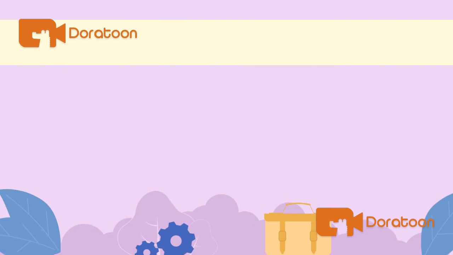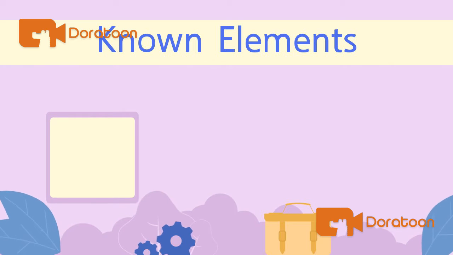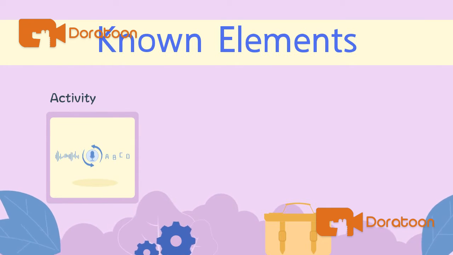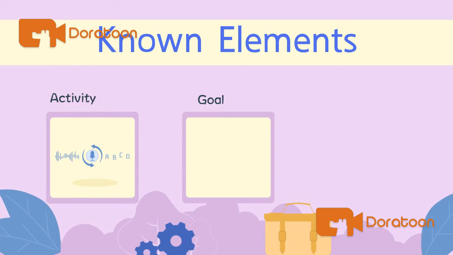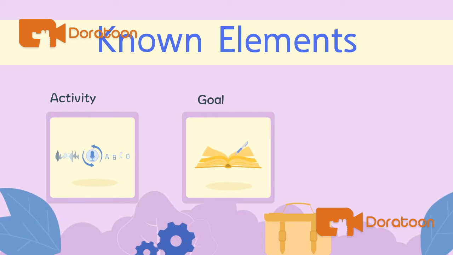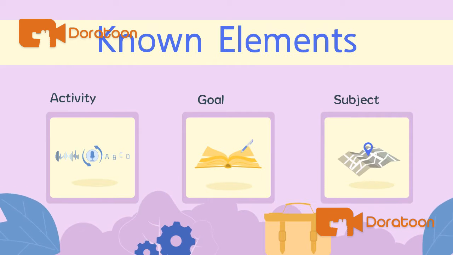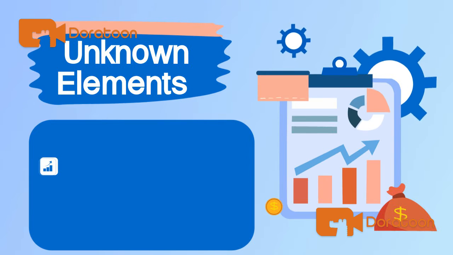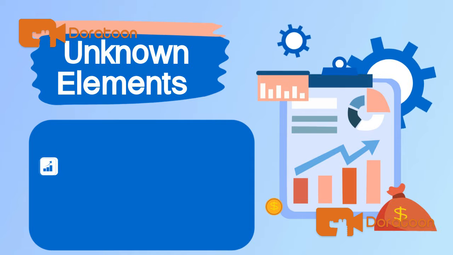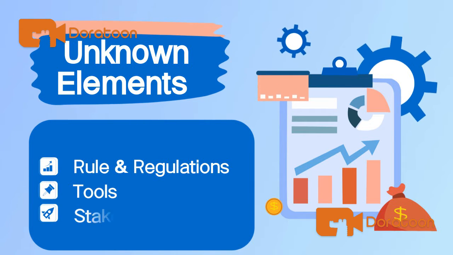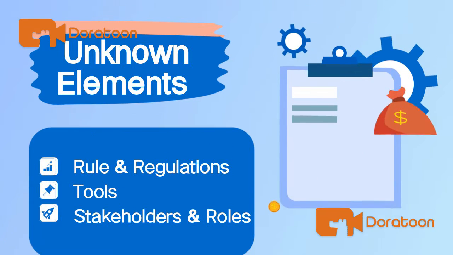The known elements in activity theory are the activity, in our case pharmaceutical production, the goal of the activity, which in our case is OPEX, and the final known element is the subjects, in our case the tripartite, Japan, the US, and Europe. The remaining unknown elements are rules and regulations, tools, and stakeholders and roles and responsibilities.